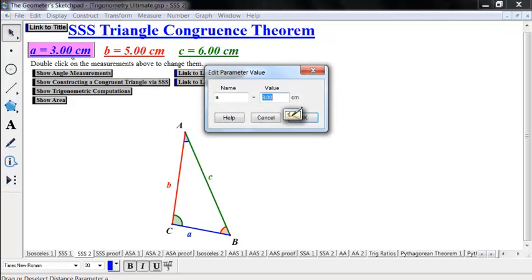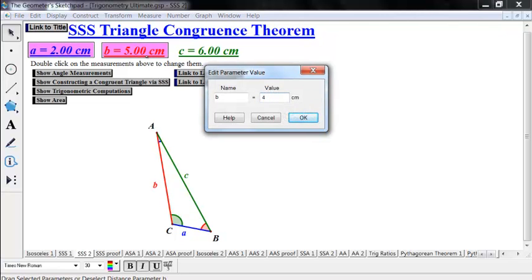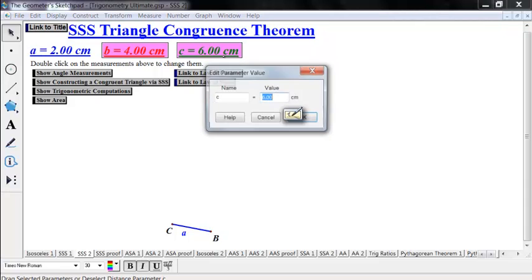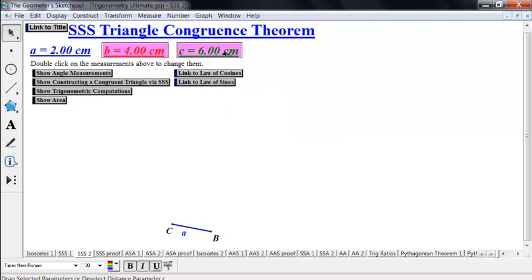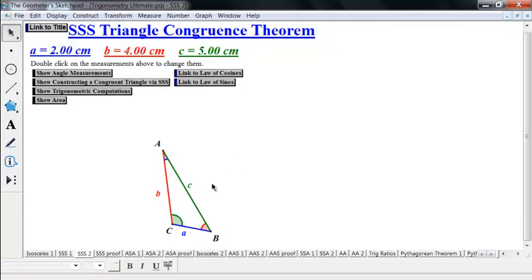So if I pick any side lengths I want, say 2 and 4, and now we need something less than 6 here. How about 5? Then we get exactly one triangle with those sides.